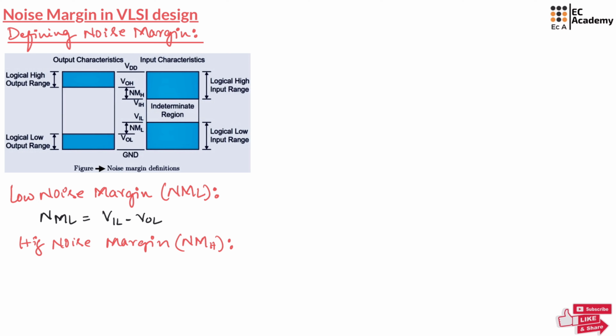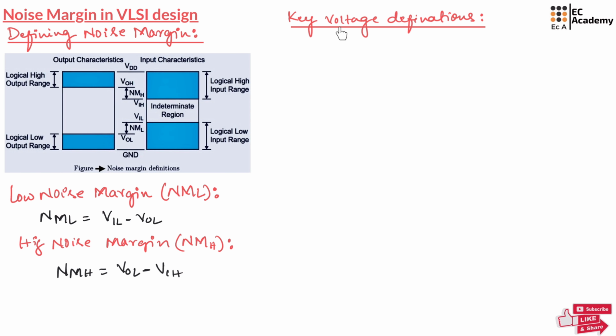Mathematically, we can write this as NMH equals VOH minus VIH. This equation tells us how much noise can be added to a high output before it is misunderstood as a low input.